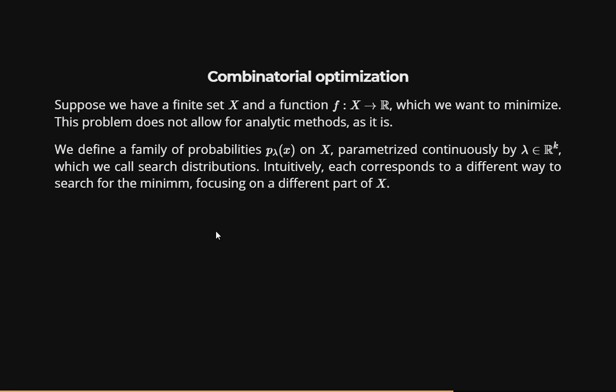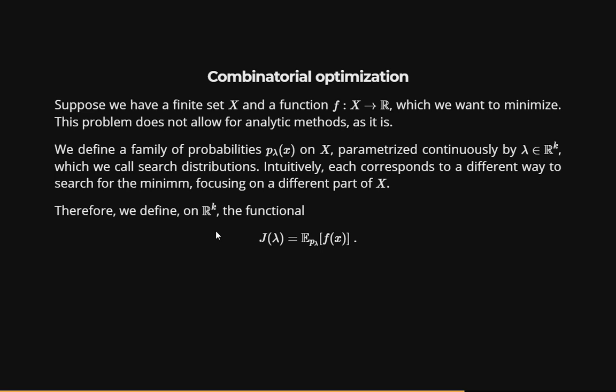We define a family of probabilities parameterized on some open set in Rk. And they are called search distributions. So each one corresponds to a different way to search for the minimum, focusing on different parts of our set X. So every probability distribution gives different weights, different masses, to every part of X. So what is the minimum of our function f on X?